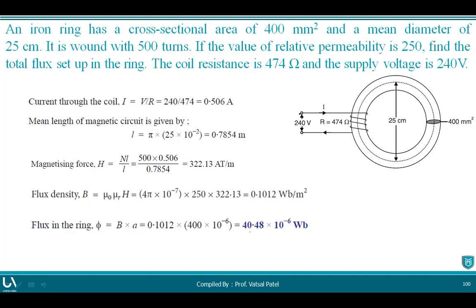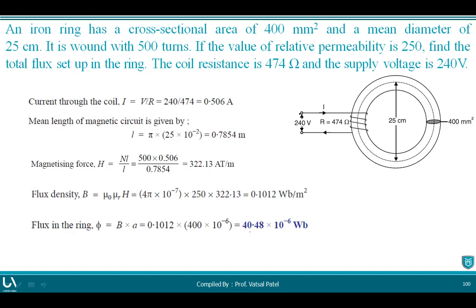After putting all the values in this equation, we find the magnetizing force H is equal to 322.13 ampere turn per meter. Are you getting it? So this is the magnetizing force equation we use here.